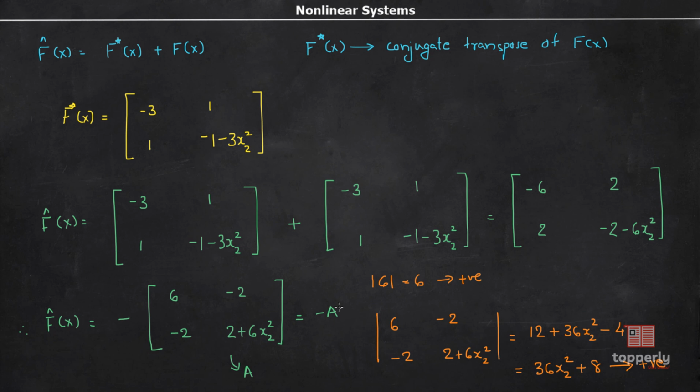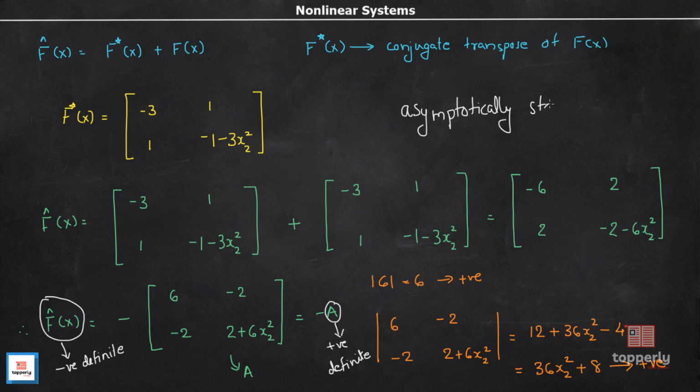So we can see that matrix A is positive definite, and as a result, negative of matrix A, that is F cap x, is negative definite. As F cap x is negative definite, the equilibrium state at origin is asymptotically stable.